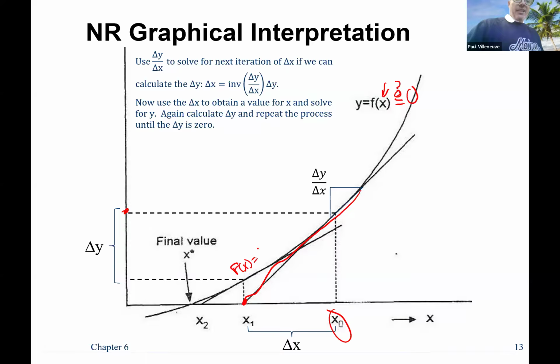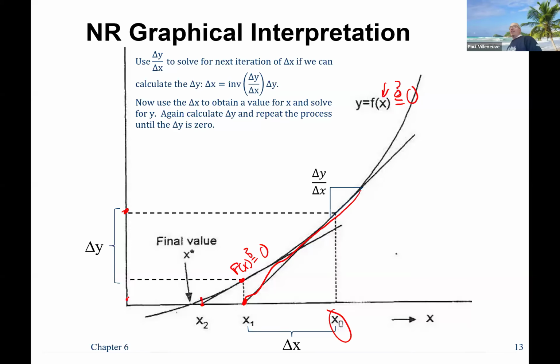Does f of x here equal 0? It does not appear to in this one. So again, I take the slope of the line and find my next intersection point. And the hope is I'm going to get closer and closer to 0.